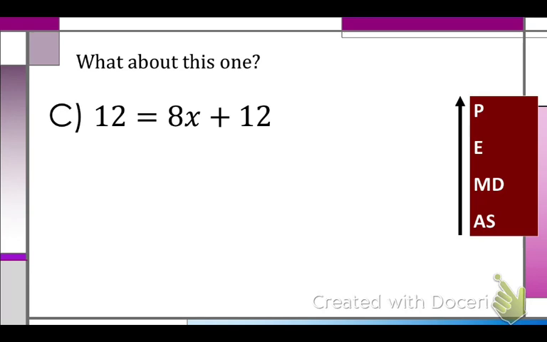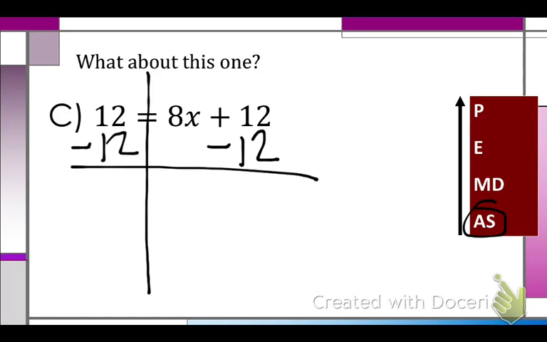All right, I think that might have been enough time, so I'm going to first draw my line. First thing I'm going to get rid of is any addition or subtraction. I see I have addition, so I'm going to subtract 12 on both sides. My 12's cancel. I have 8x on the right side, and then on the other side, what do I have? 12 minus 12.